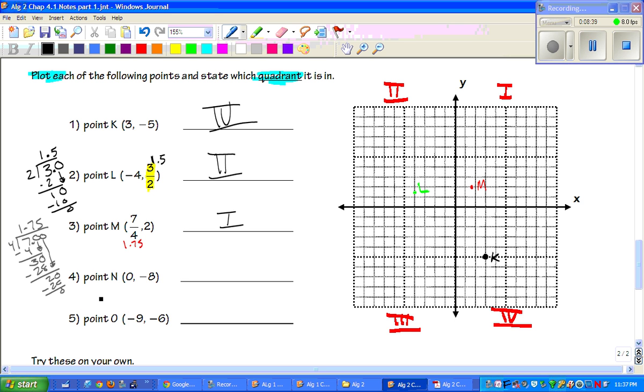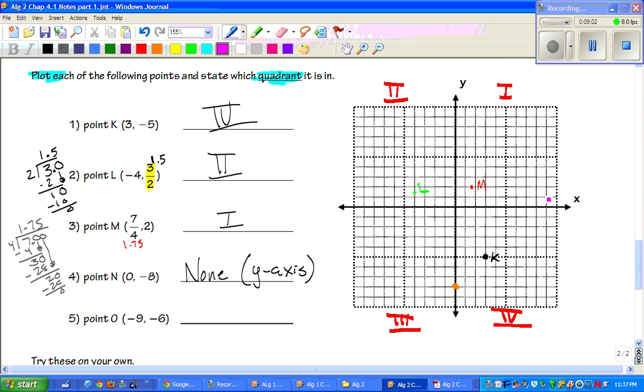Okay. N and O, a little bit easier points. N is 0, negative 8. Ooh, but is that in a quadrant? No. Okay. None. We would say that that is on the y-axis.